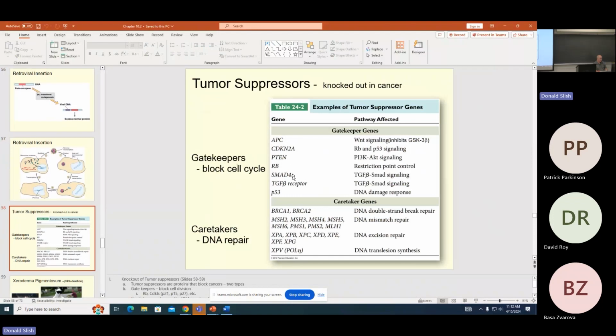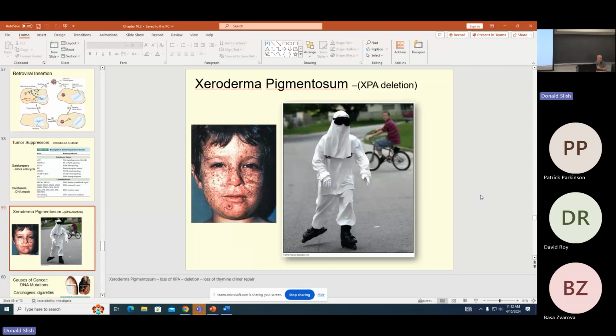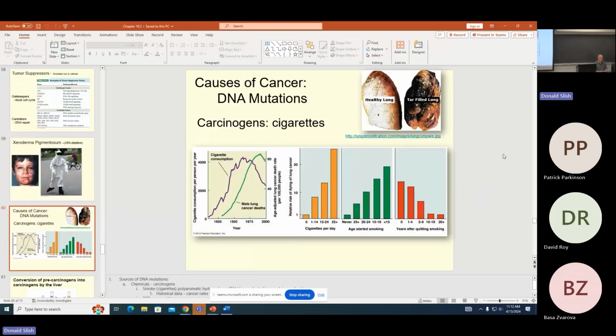RB. SMAD4, part of TGF-beta signaling, which is usually inhibiting cell division. P53, and these things here. And there's an example of a caretaker knocked out: xeroderma pigmentosa. Cause of mutation, cancer.